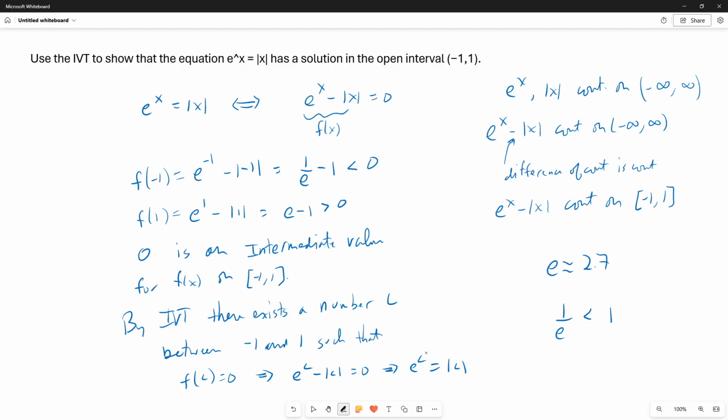Just moving this back over, and that is the equation we wanted to solve. So c is a solution to the equation. In other words, the equation that was given has a solution in the interval -1 to 1 as required.